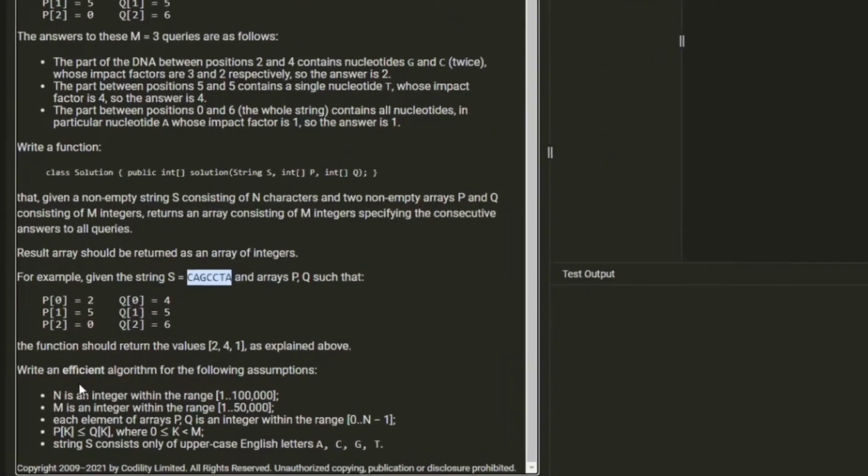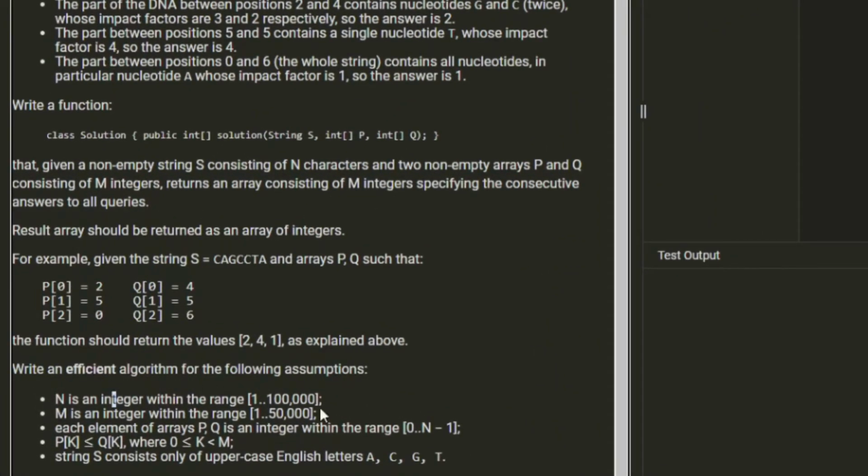Now I think this is a respectable exercise, and we want an efficient algorithm. So I think the trick here is that we're going to do m queries on this string, and m can be in the range of 1 to 50,000. So I think what we may be tempted to do is to take the values between P and Q. They're the start and end indexes to look at through the string, and then loop from the index.